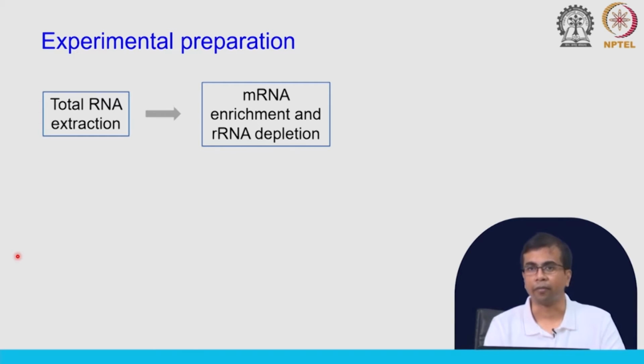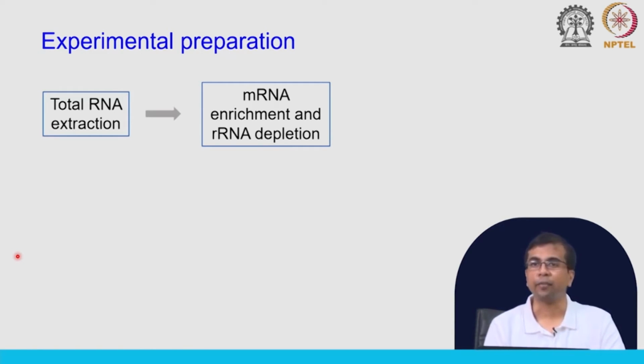So, we want to get rid of other RNAs that are present in the sample, for example, ribosomal RNA, etc. When you isolate total RNA, you will see most of the RNA in the cell is ribosomal RNA, right. So, we want to get rid of that, and we perform a step called ribosomal RNA depletion and mRNA enrichment.